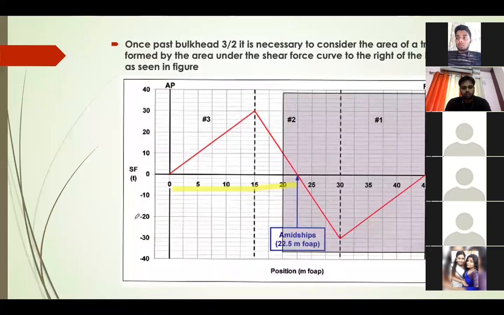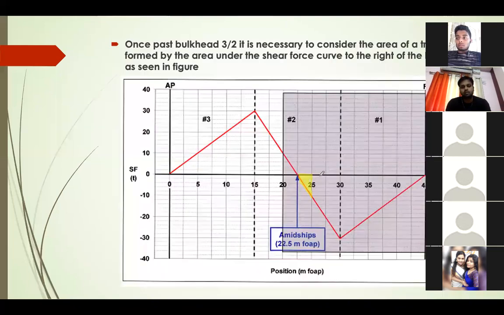But the remaining 2.5 meters is on the negative side, from 22.5 till this. This is the area which has to be calculated, and again it's a triangle. So it will be half base.